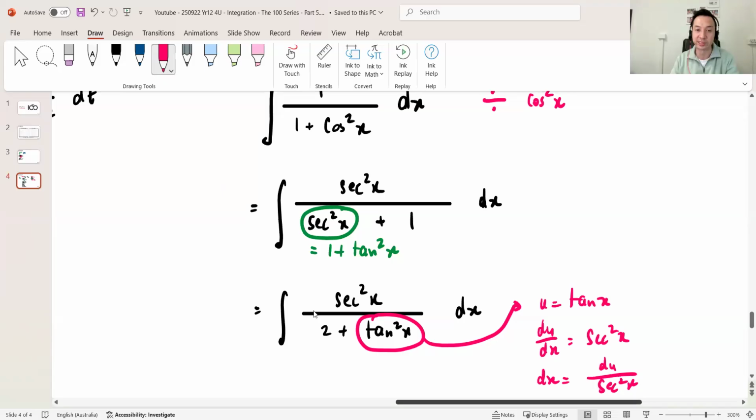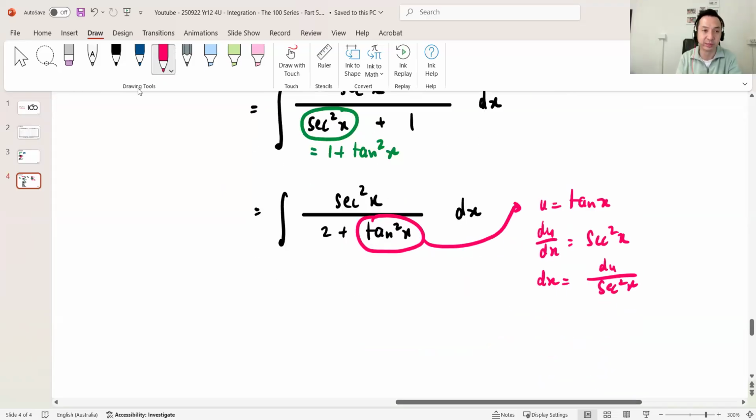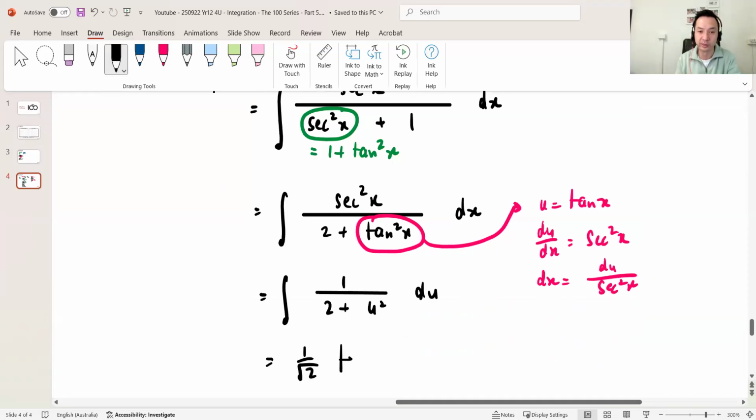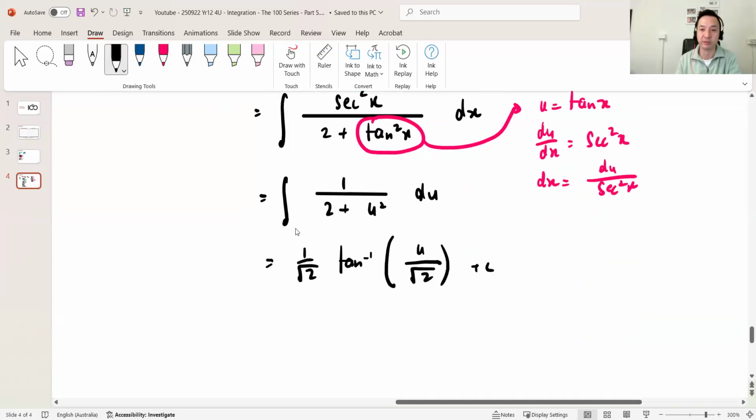Yeah, so I can use reverse chain rule with tan inverse, or just use substitution, same thing, right? Either way, when you sub it all in, the sec squareds go away, 2 plus u squared du. Guys, exactly the same question as before. So that's like 1 on root 2, tan inverse of u on root 2 plus c. And then you have it, right? Tan x on root 2.